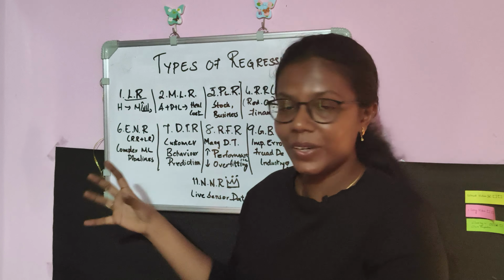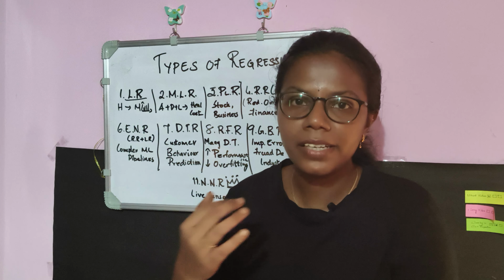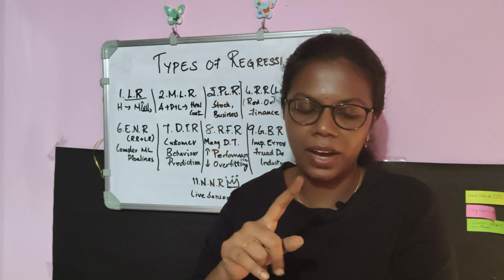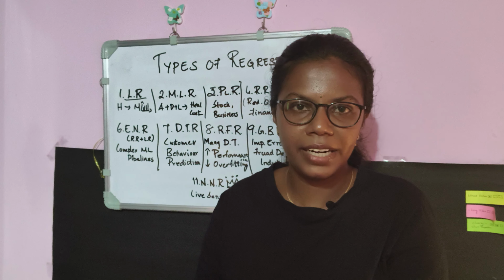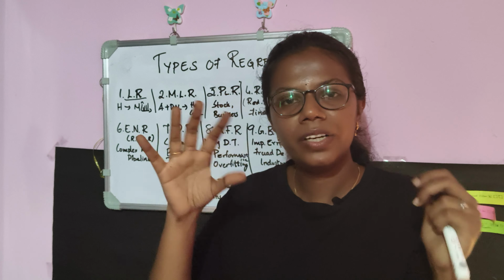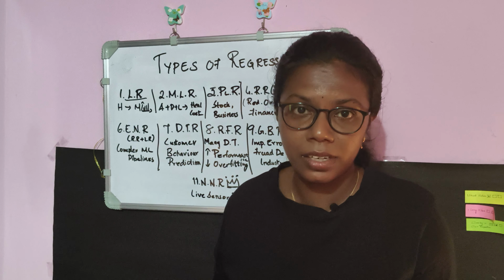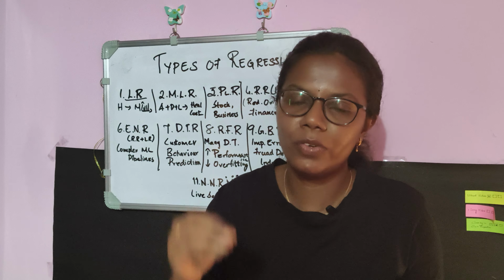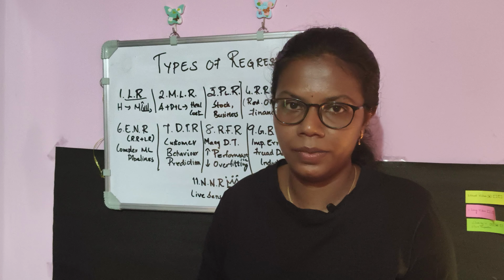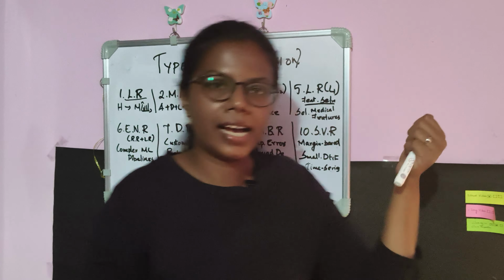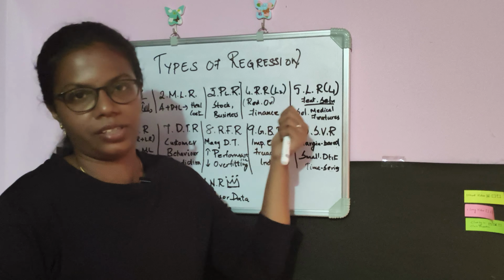In this particular regression algorithm, the data set that I'm going to work with is going to have overfitting, the features are hard to select, and it is going to have messy data. So I have data with all the complications. For that kind of data set, I'll be using elastic net regression. It is a combination of lasso regression and ridge regression.